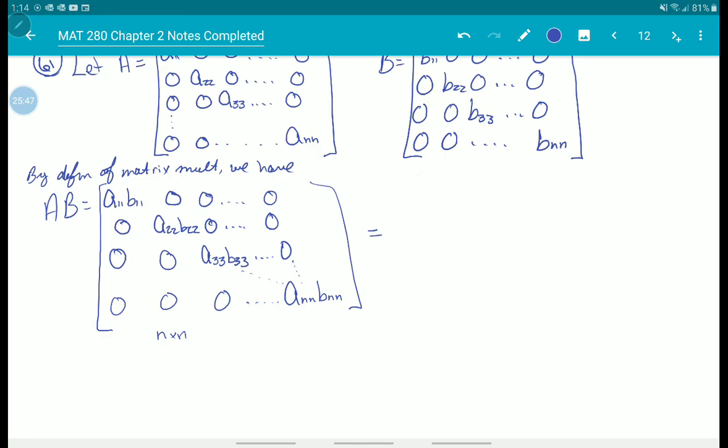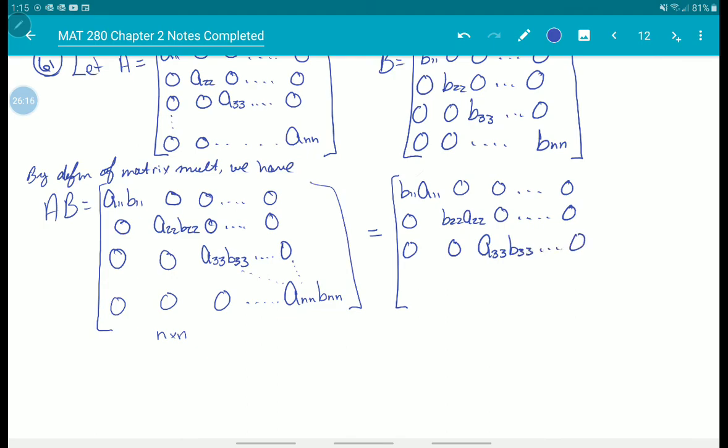Now, we know multiplication of real numbers is commutative. So A11 times B11 is the same thing as B11 times A11. B22 A22 is the same thing as A22 B22. So we can change that order. This seems like a menial step, but it's actually really important because there are places in mathematics where commutativity does not happen.